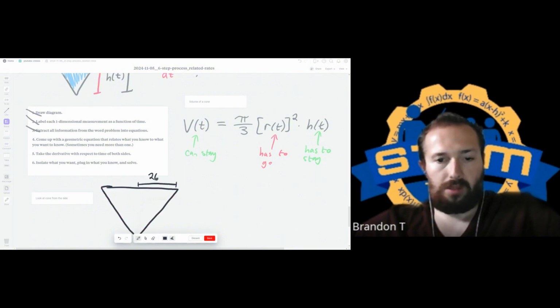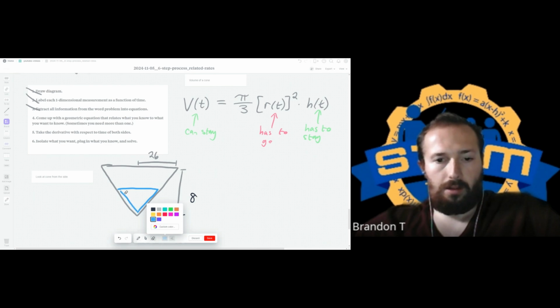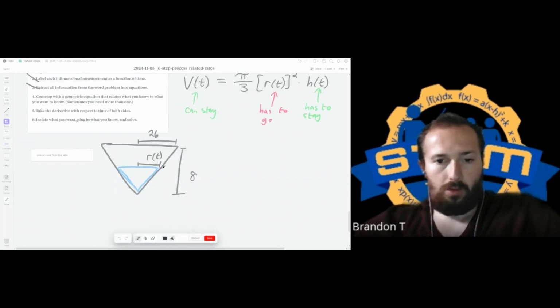And again, I know it's not drawn to scale, but that's not super important. It's going to be 26 by 8. And then the water level is going to create another triangle inside here. Those measurements are going to change over time, and that's why we have r of t and h of t.